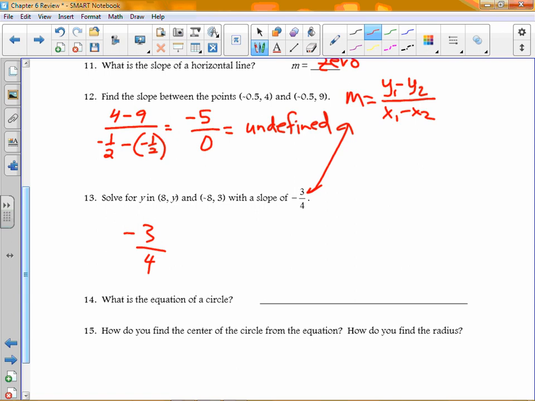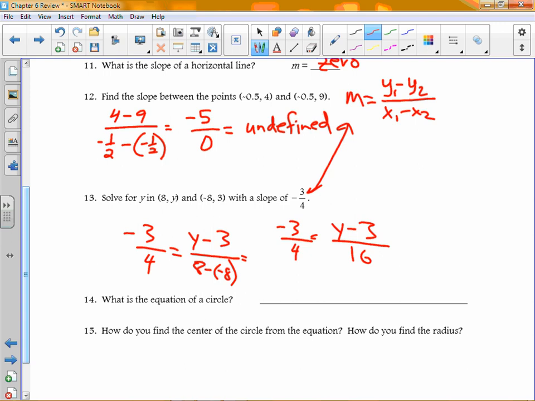So what that tells me is when I subtract my y's, when I do y minus 3, I have to end up with negative 3/4 over 8 minus a negative 8. So I have to solve this equation: negative 3 over 4 equals y minus 3 over 8 minus a negative 8, which is 16.